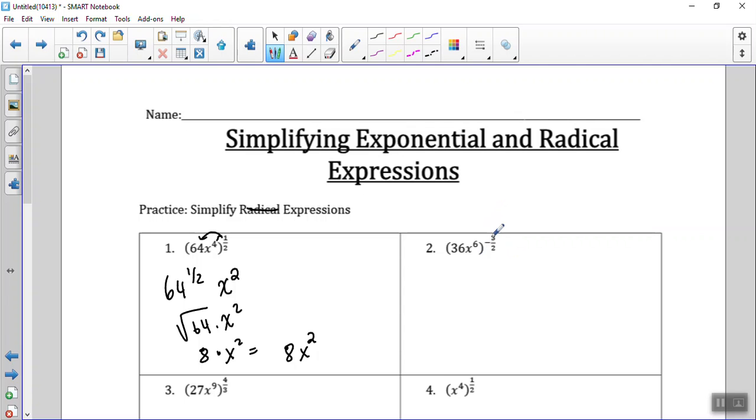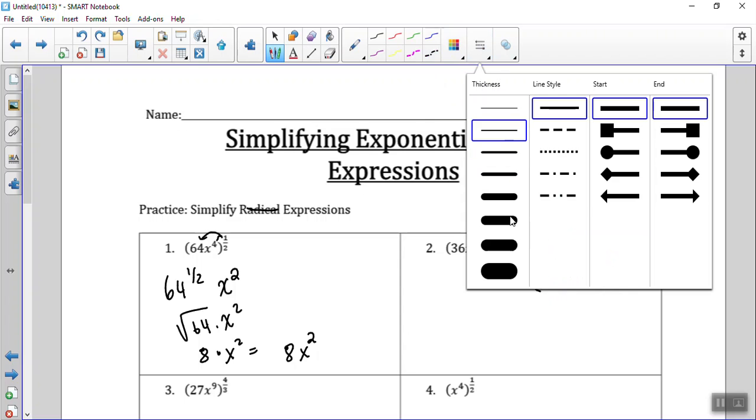So whenever you have a negative exponent, you have to rewrite this by putting a 1 over, you're going to put everything in the denominator, and that makes the negative go away. Okay, 3 over 2. You just take everything and put it in the denominator.